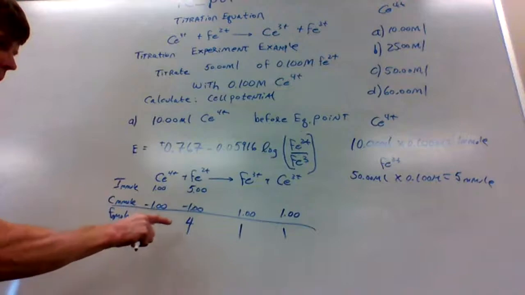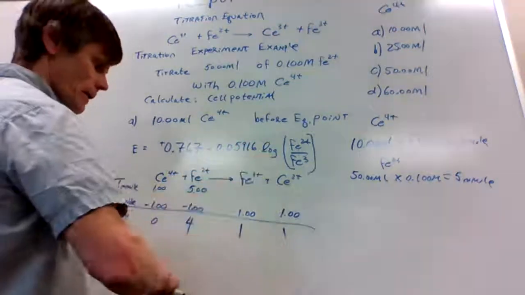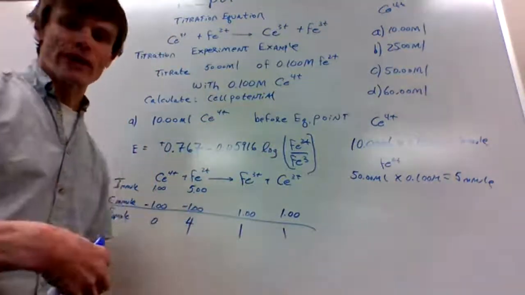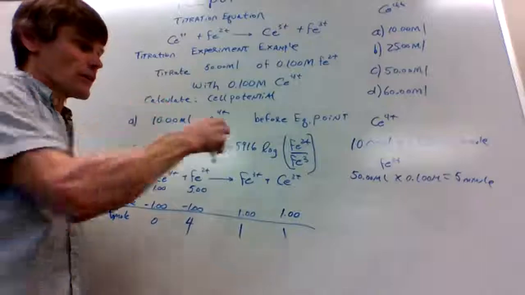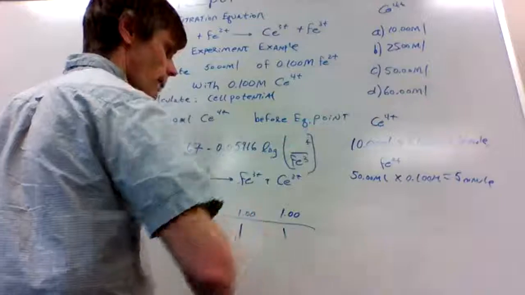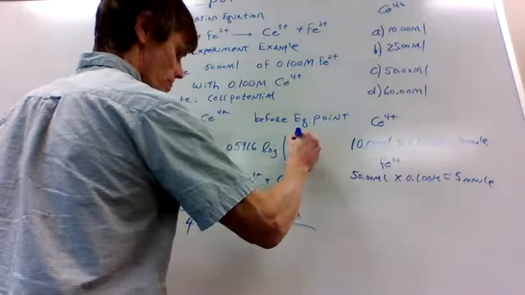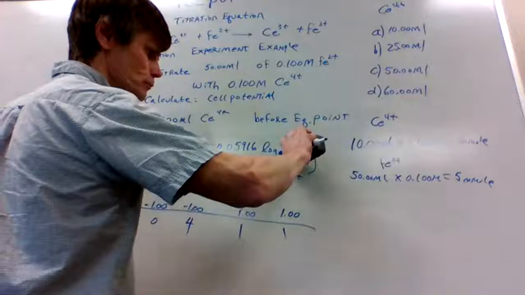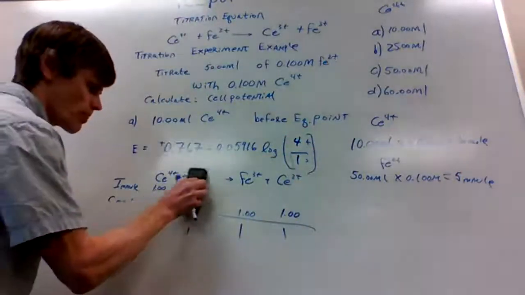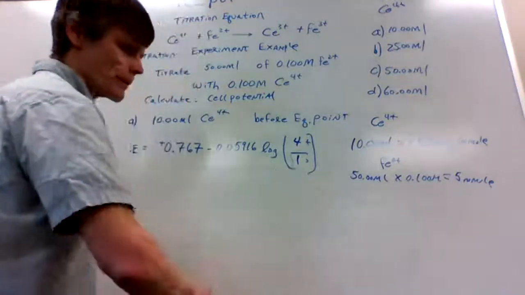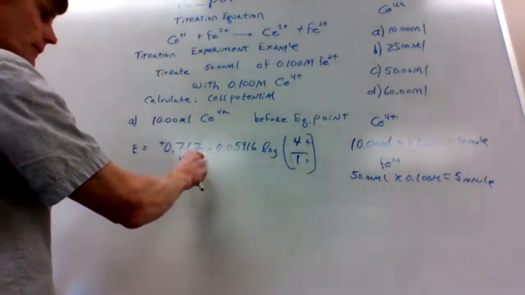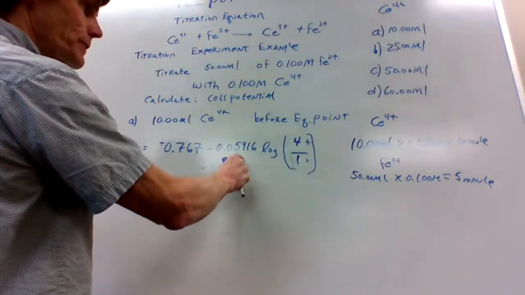So what we're going to plug into our ratio right here is just the number of millimoles. We should put in concentrations, but the volumes, since it's a ratio, are going to cancel out. Let's put in 4, and this is 1.